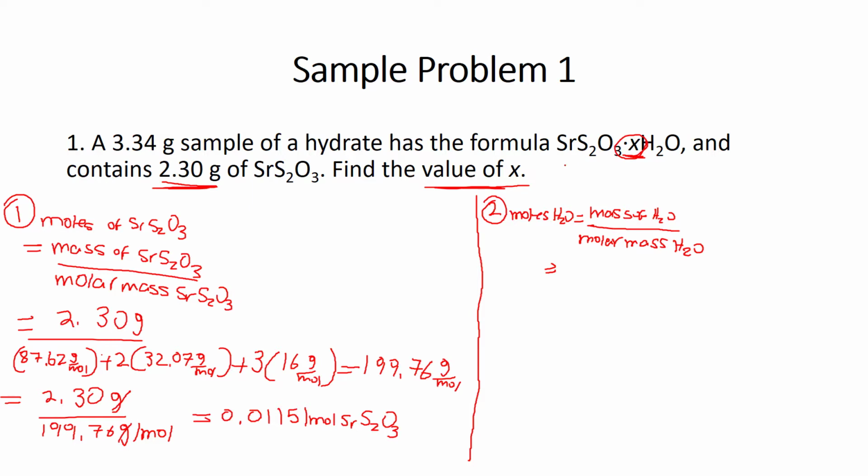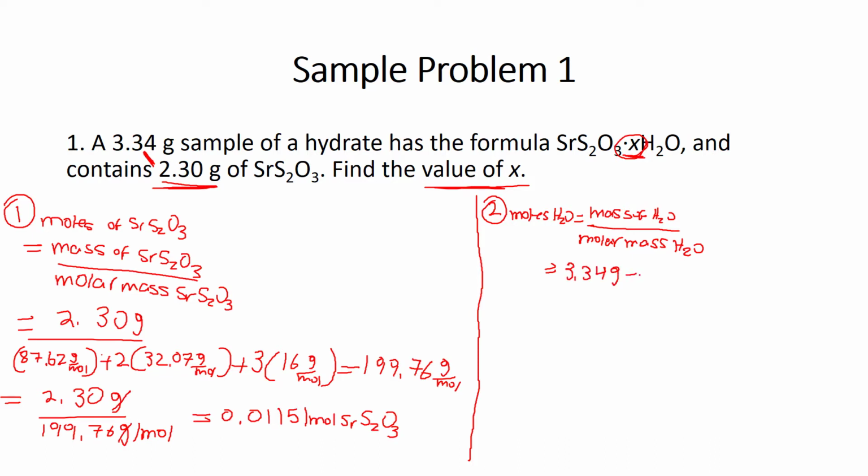However, in the question, the mass of water is not specifically given. However, we know the sample of the hydrate is 3.34 grams, and we also know the mass of the SrS2O3, which is 2.30 grams. So if you find the difference between these two values, we're now able to find the mass of H2O.